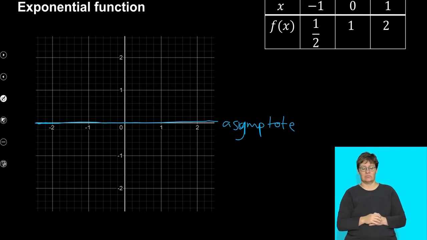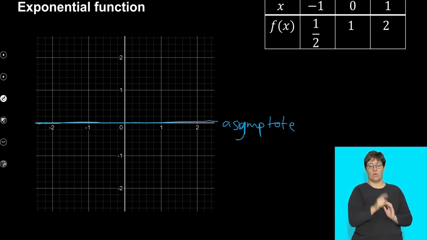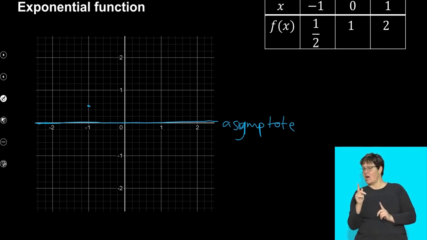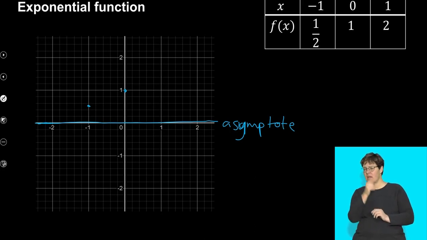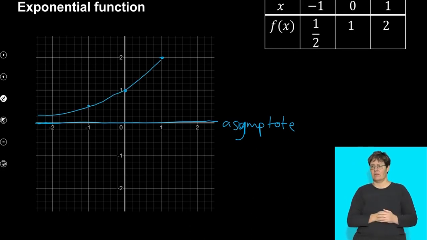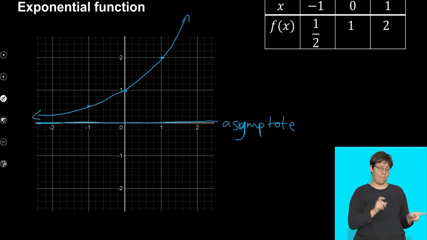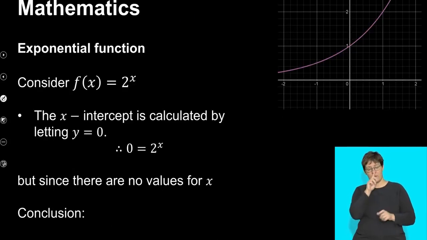Now, it is minus 1, which is somewhere here, and then it will be 0 and 1, which will be somewhere there. It will be 1 and 2, which will be somewhere there. And then if I join them, it will give me a graph that looks like that. And then I draw my arrows at the end. So this will then look like that.